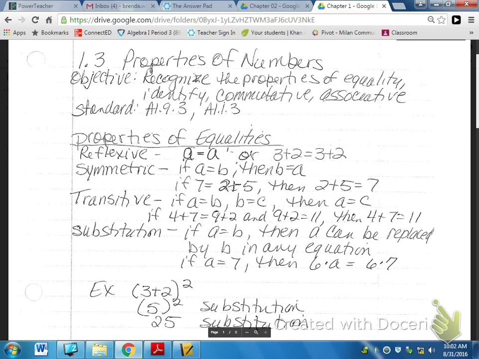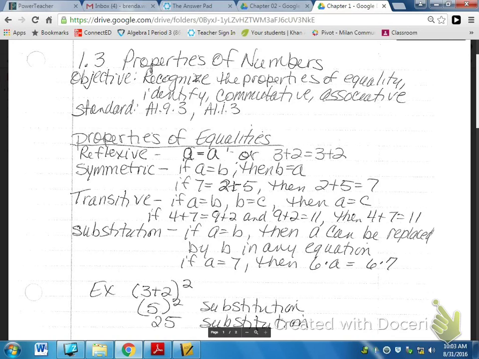So that's symmetric property. Then we have transitive. Transitive makes a little more sense. Transitive property says if A is equal to B, and then B turns around and is equal to C, then you can conclude that A and C must be equal. For example, if Mia is the same height as my tree, and my tree is the same height as Tora, then you could conclude, without actually putting them next to each other, that Mia and Tora would be the same height.